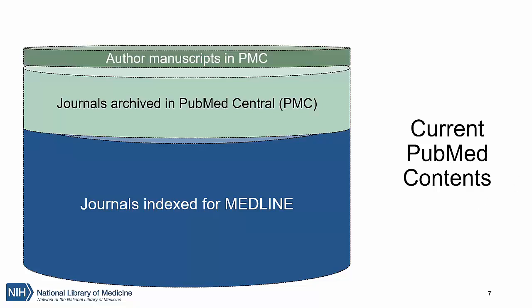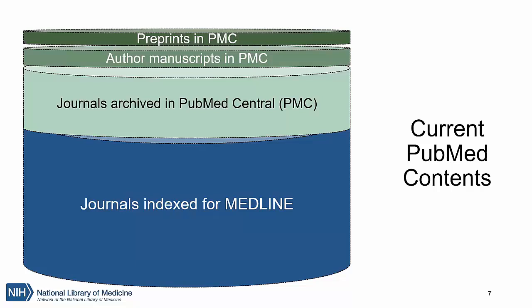PMC also includes individual author manuscripts that are deposited in PMC to comply with public access policies. And currently ongoing is a preprints pilot that makes preprints of NIH-funded research available in PMC. All of these discs on the screen are a different shade of green because these 3 make up the contents of PMC. However, they have distinct selection processes and policies, which we'll review later.